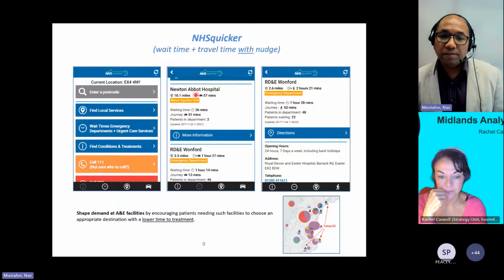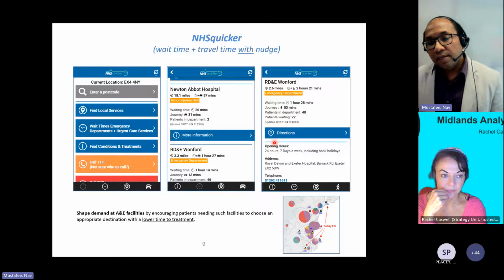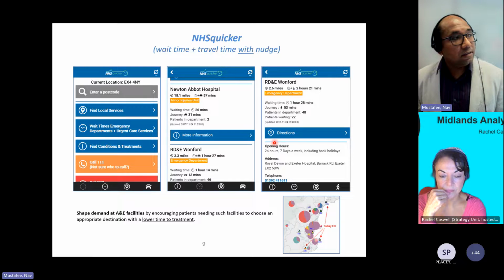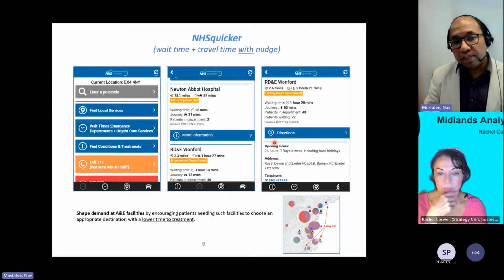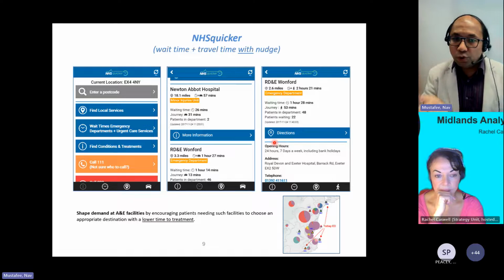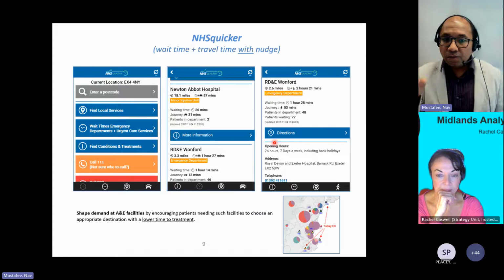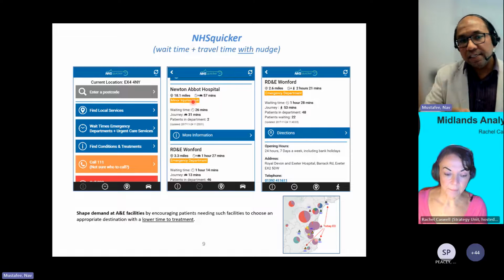But if they go to RDNE hospital, which is much closer, and use the same means of transport, it is going to be 1 hour 27 minutes. We sort this in ascending order, and that is the change of the default that we use in the nudge. So we create these tiles and we show in the top right the one which has the lowest combined journey and wait time.